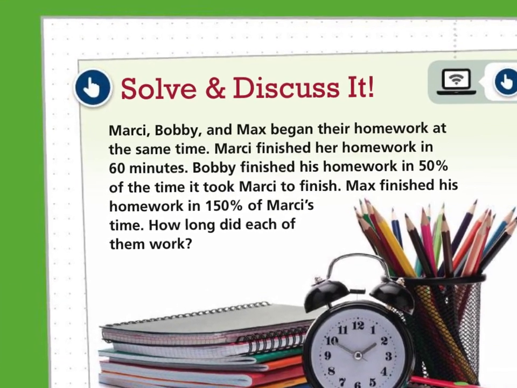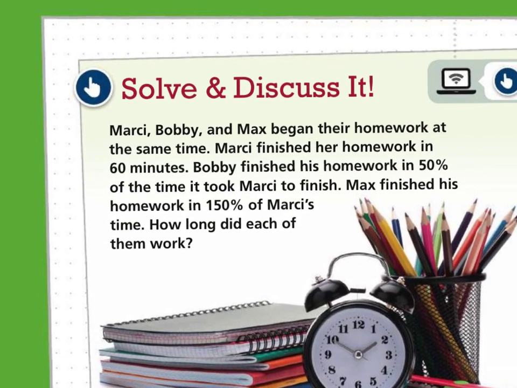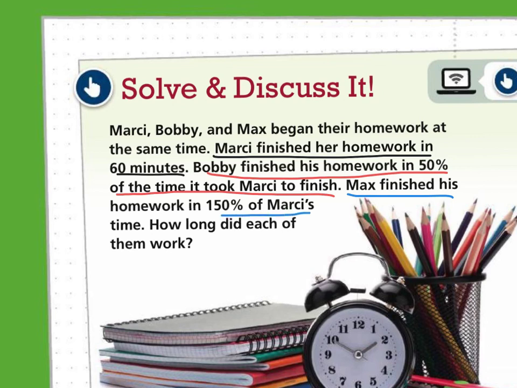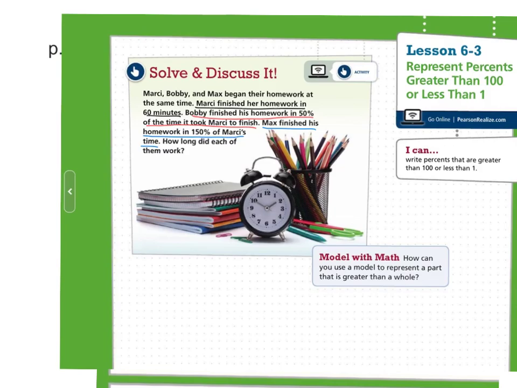Marcy finished her homework in 60 minutes. Bobby finished his homework in 50% of the time it took Marcy to finish. And Max finished his homework in 150% of Marcy's time. And the question is, how long did each of them work? So we already know Marcy's total.